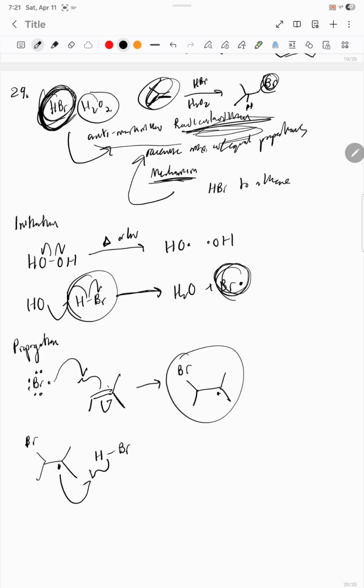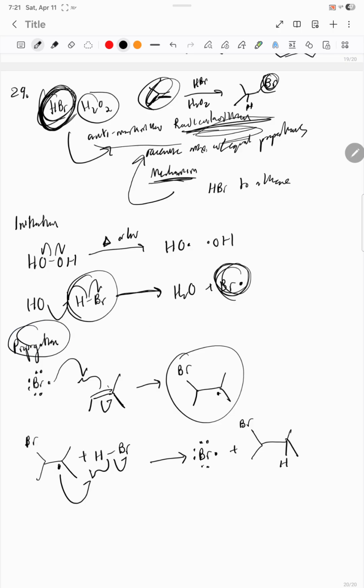Then we can abstract the hydrogen off the HBr, and we get a bromine radical, and the hydrogen ends up there. Why is this important?